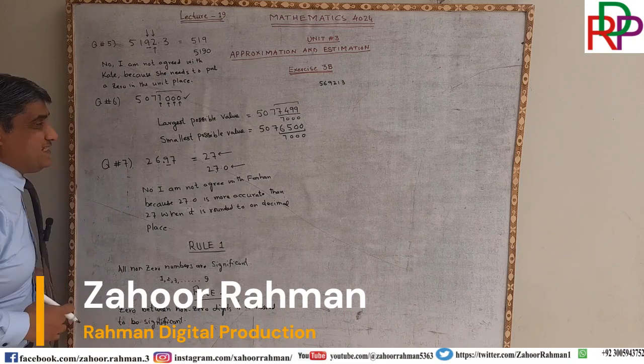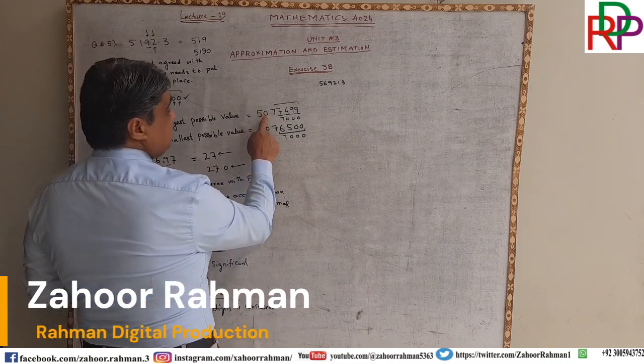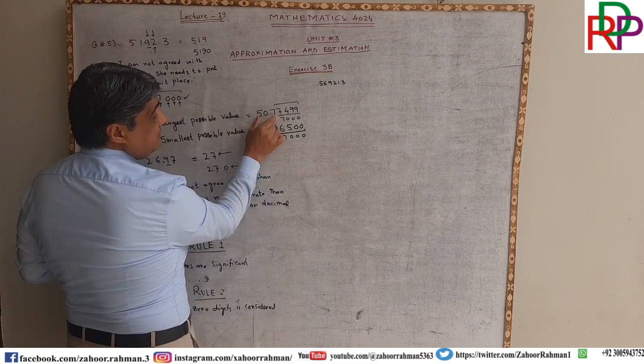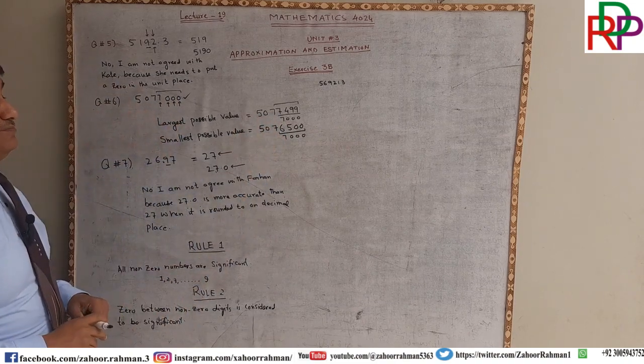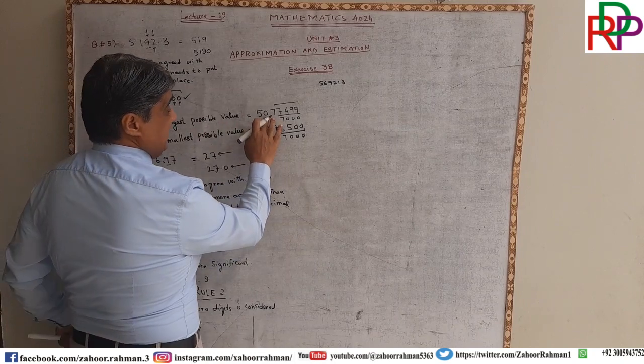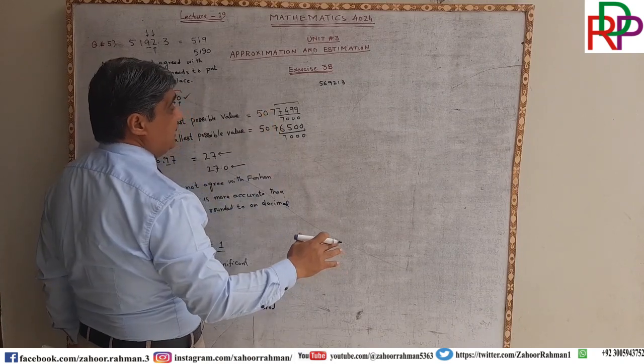The second rule is saying that if a 0 is between the non-zero numbers, it is also significant. Then you have to count it. This is of our interest.